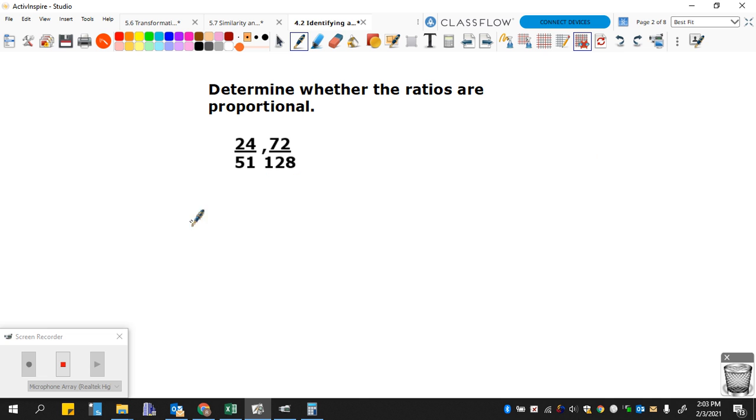So we're going to cross multiply. You'll see here that it looks like the butterfly method, because it sort of looks like a butterfly. So we're saying 24 times 128, and we want to know, is that the same thing as 51 times 72?